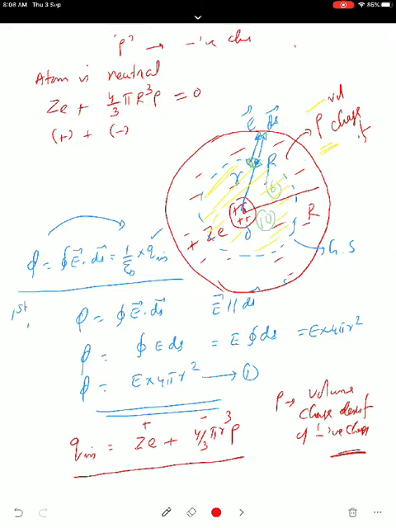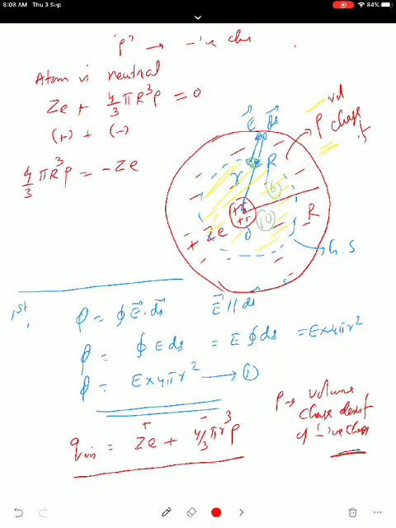From this you have to calculate the value of rho, the volume charge density. Rho is obtained from 4/3 pi capital R cube. Remember capital R cube, because the negative charge is spread throughout the entire volume of the atom of radius capital R. So 4/3 pi R cube rho is equal to minus Ze.